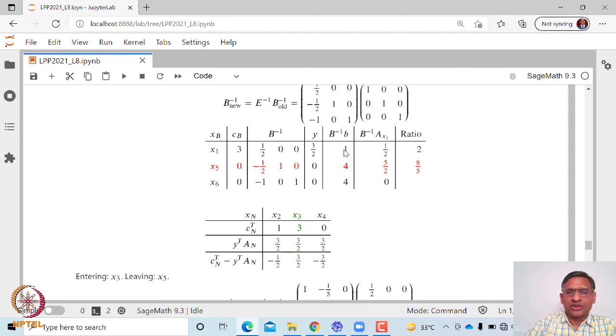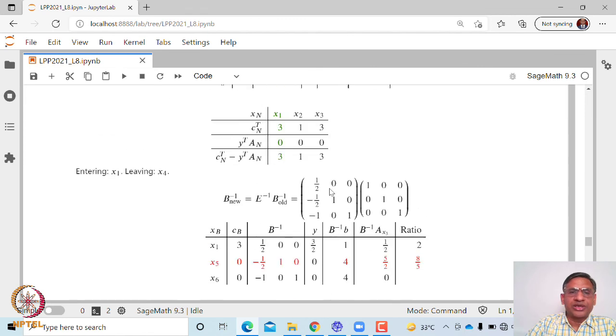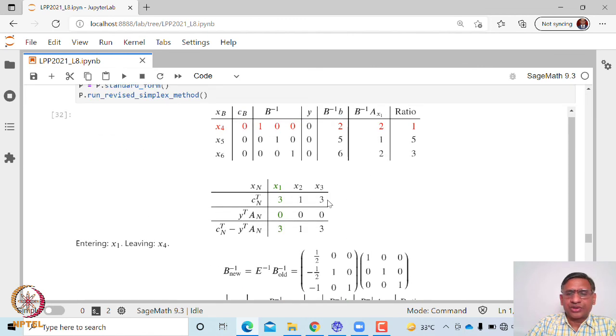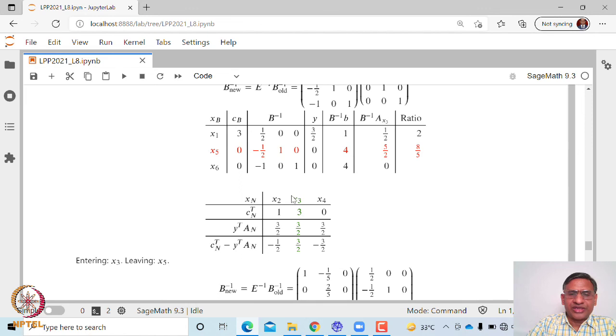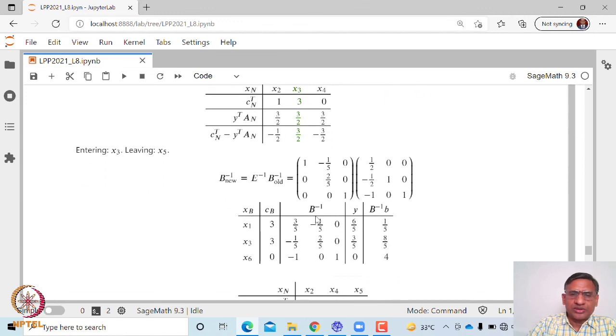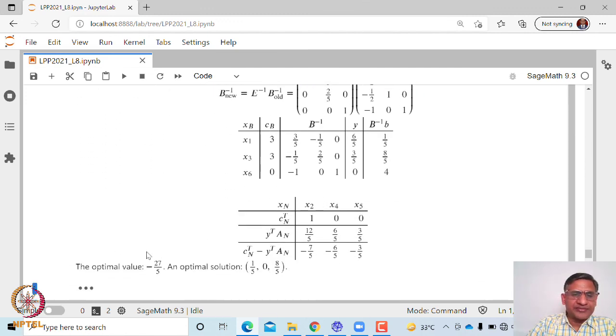Once we have done this, the next step is the revised simplex table, and in this case again it is computing the right hand side, and the B inverse of the entering variable, which in this case is x4. Now it computes the ratio also. The minimum ratio is this, therefore x3 enters and x5 leaves, and it does one more step, and then after that it finds the value of the objective function.